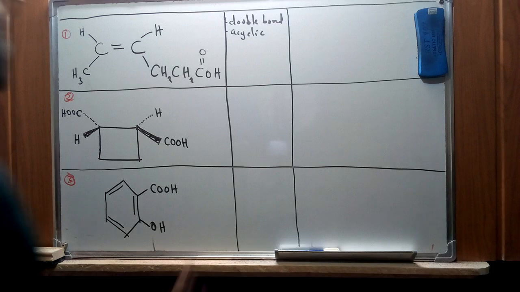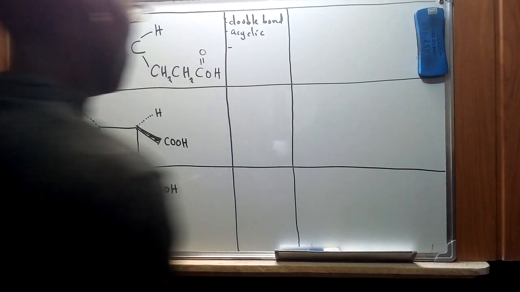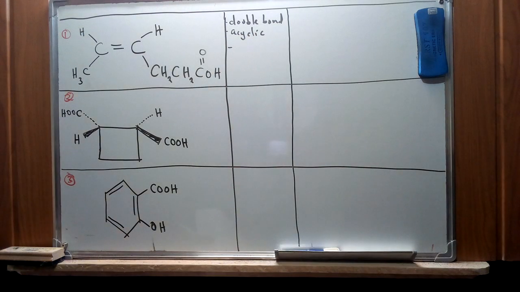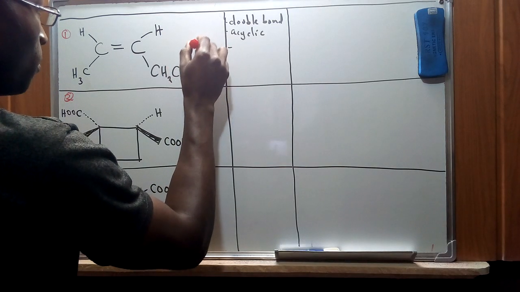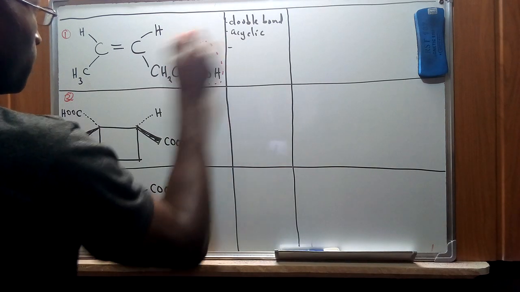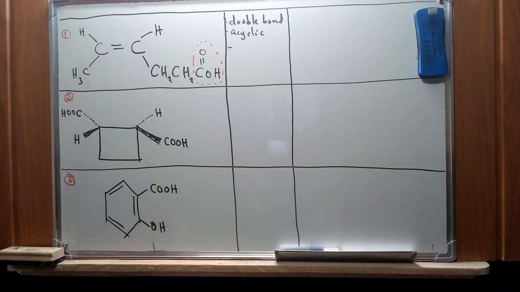Number 2, it has a functional group that we can identify from this one. We just encircle it. We can identify this functional group from this particular point, which is the functional group for a carboxylic acid.